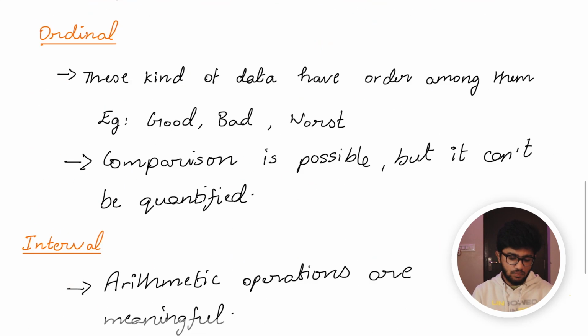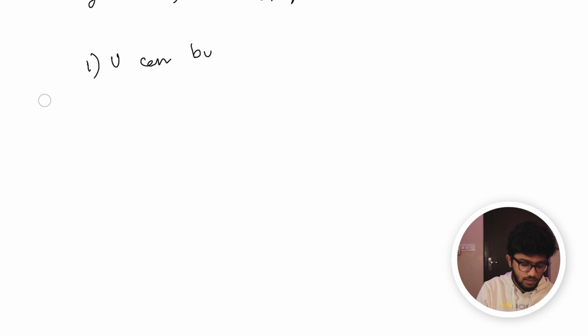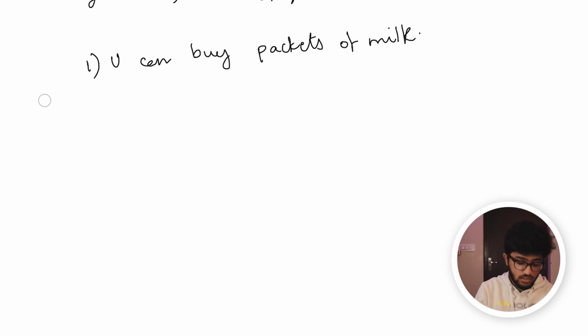To understand this, let me give an example. Let's assume that your dad is asking you to buy some milk. You have two options. First option is that you can buy packets of milk, or else you can buy directly from the milkman.